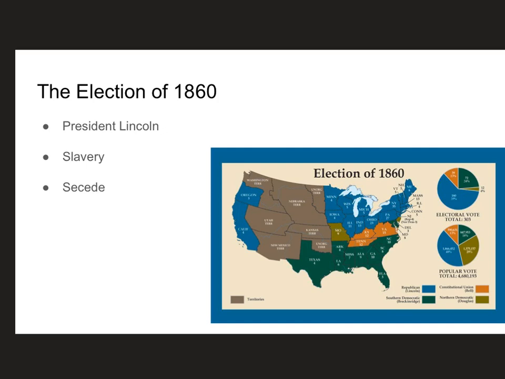So this led us into the direct cause of the Civil War, the election of 1860. In the election of 1860, President Lincoln was elected president. President Lincoln, in prior terms, had said stuff about slavery, but did not promise to end slavery.